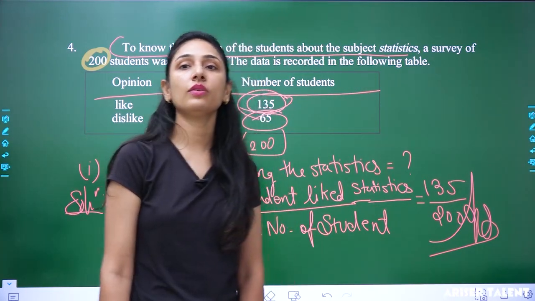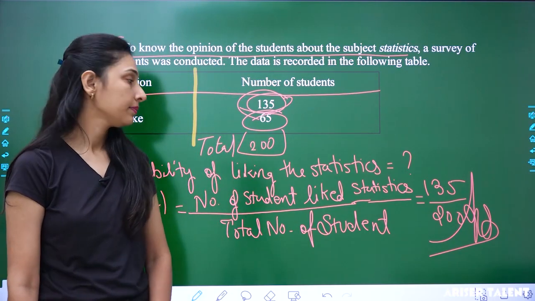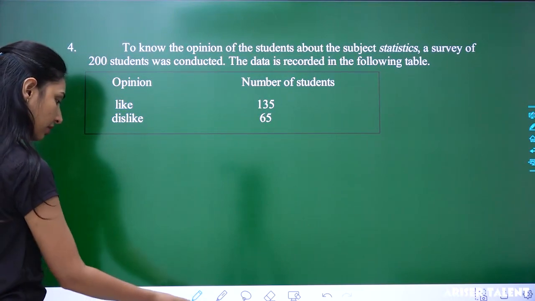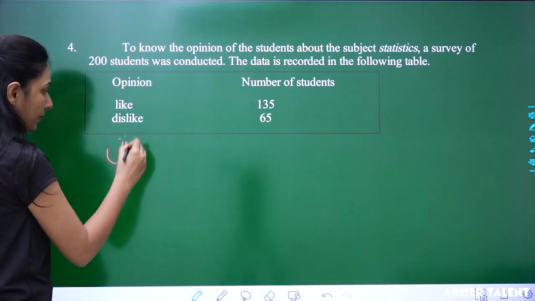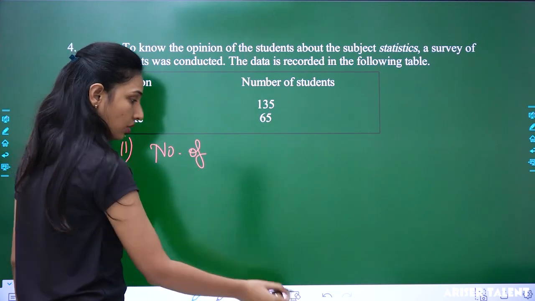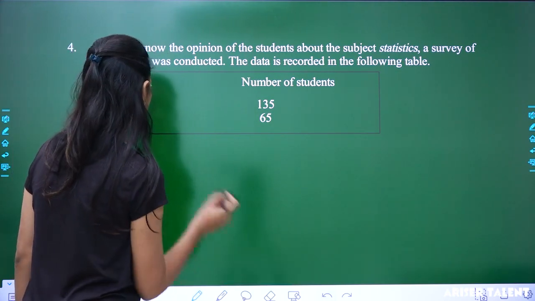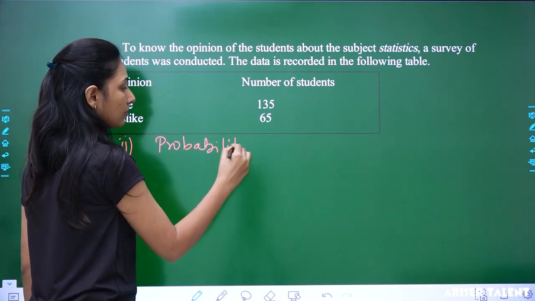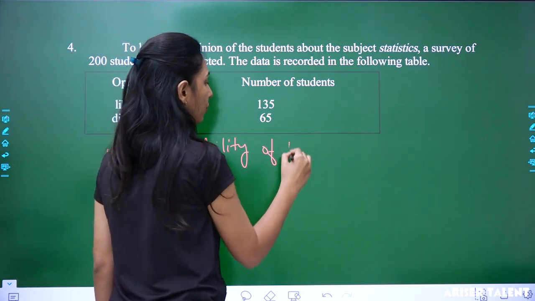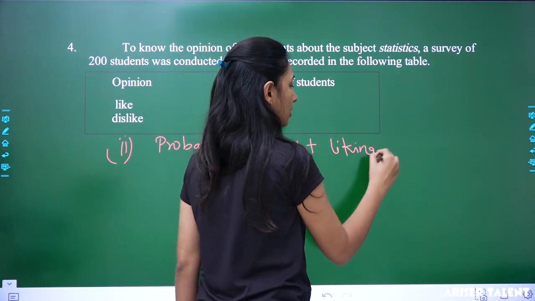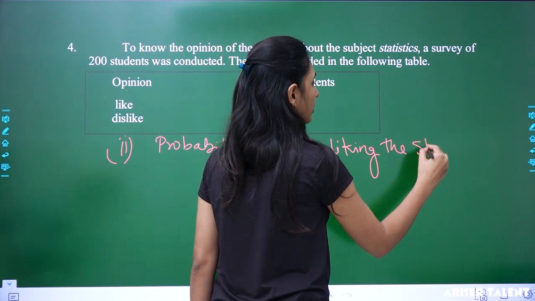And what is the next one then? Next question, let me write that also. Not number of students, but the probability of not liking the statistics.